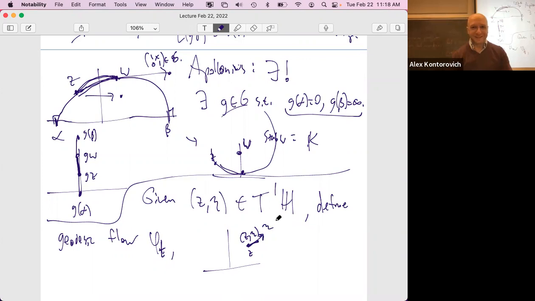Apollonius is everywhere here because eta gives us a line, the boundary gives us a line, and Z gives us a point. So there's a unique semicircle tangent to this line at this point and orthogonal to the boundary, which you can construct with straightedge and compass. As we move a hyperbolic distance t along here, we get a new point and a new tangent vector.